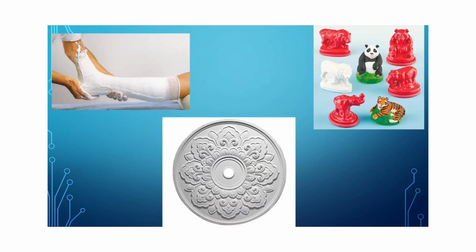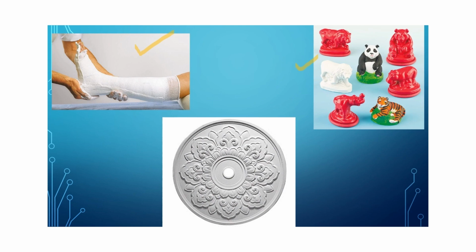For better understanding, I have given these pictures. The first picture is of a doctor applying plaster of Paris to a fractured bone. The second picture is of toys made of plaster of Paris. We also know, apart from this, the idols of Lord Ganesha and Lord Durga that we use in the festivals are also made of plaster of Paris. Why?